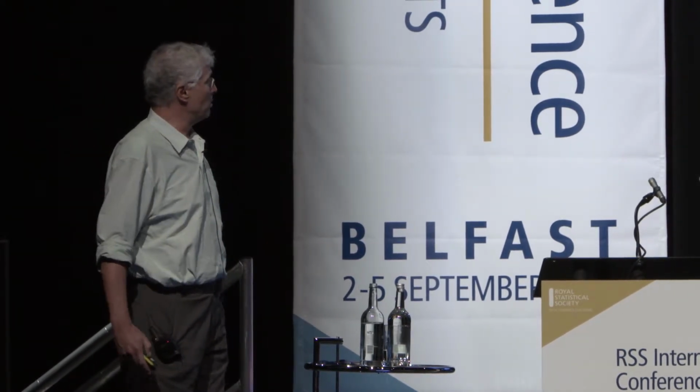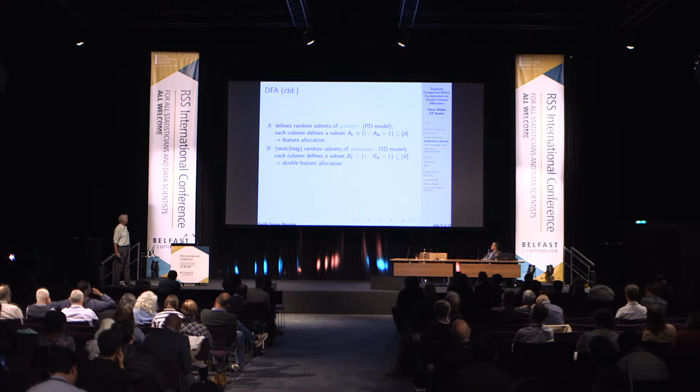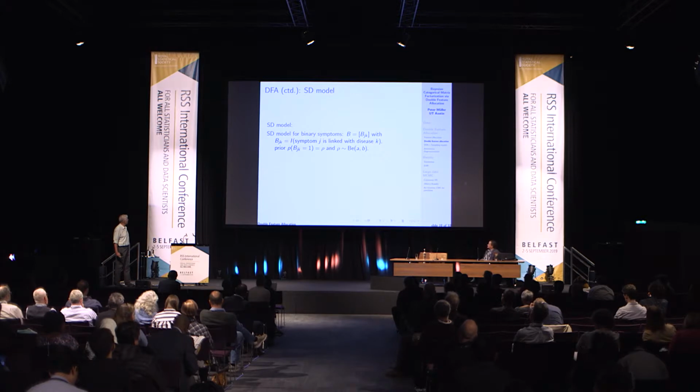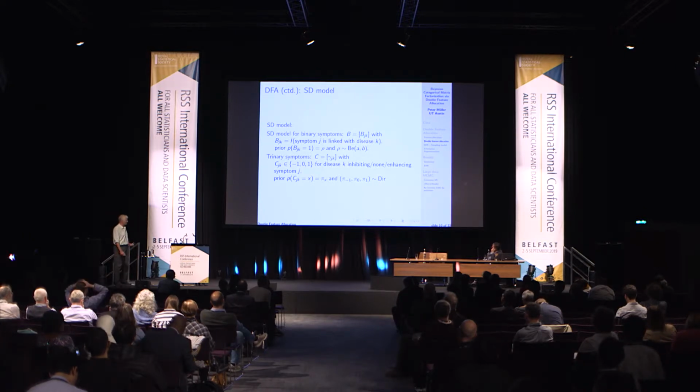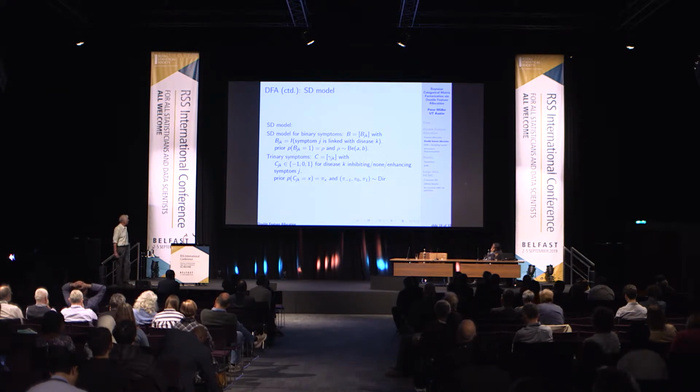Before doing that, I still want to spell out the coin flipping for the binary matrix B. Here it is, we just use Bernoullis. B_jk are the elements of that binary matrix that links the symptoms with the diseases, and we just use coin flips with some common probability rho with a beta hyperprior.